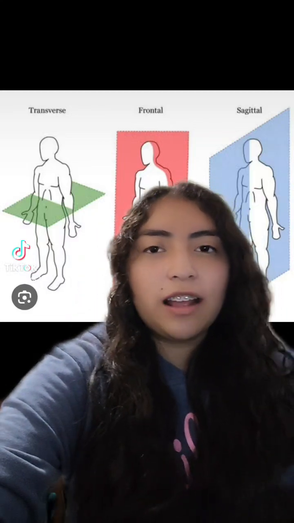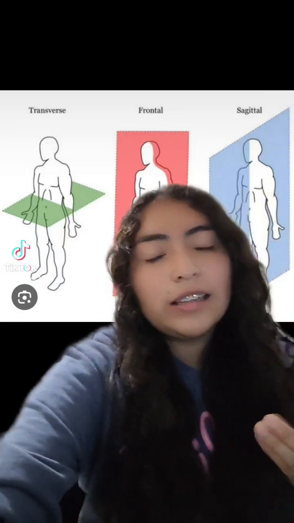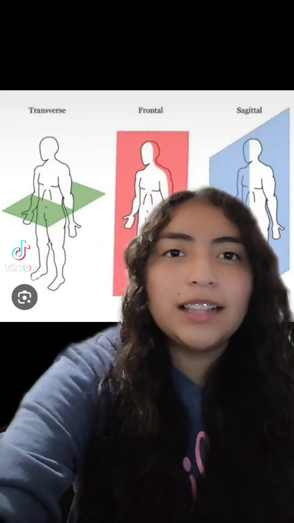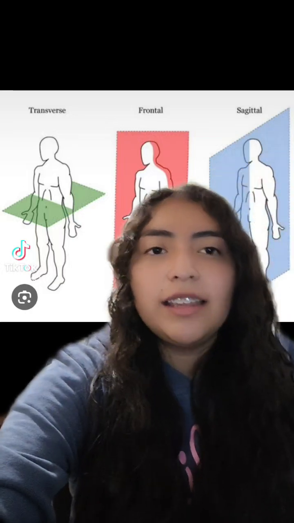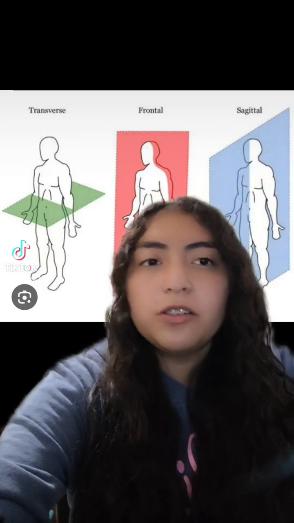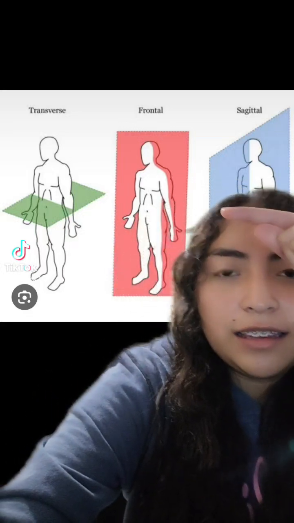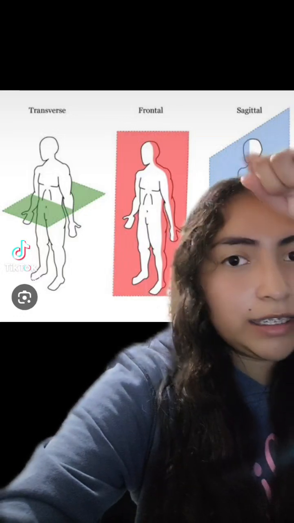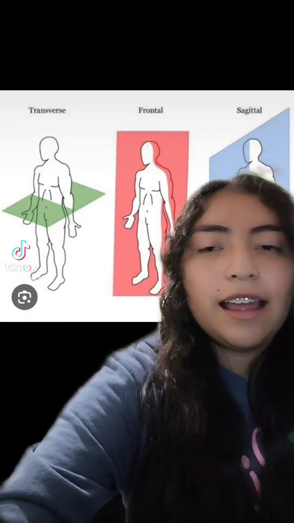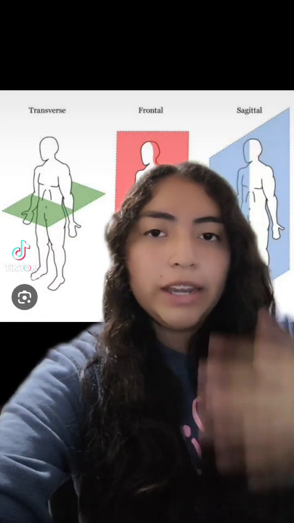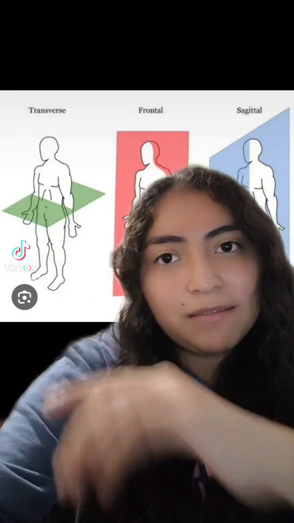Then a frontal plane, the red one, or the other name is coronal plane, divides the body or an organ into anterior and posterior parts. We could see here that the back is in red because it's the posterior part, and we have the part in white, that is the other part divided.